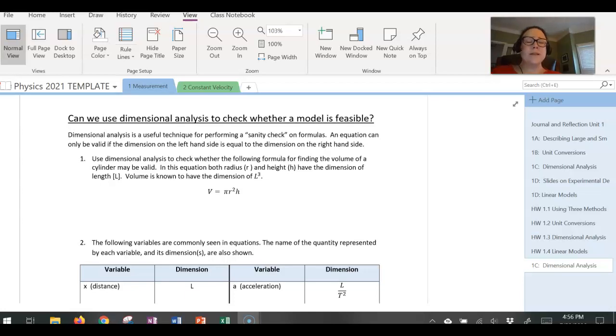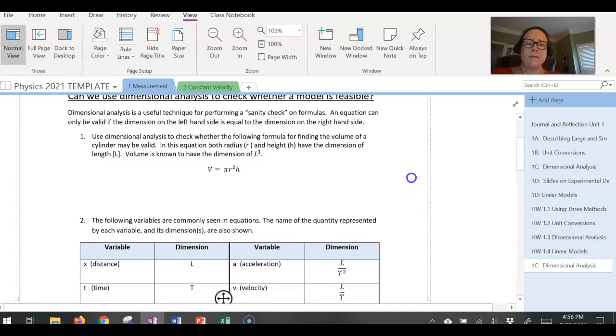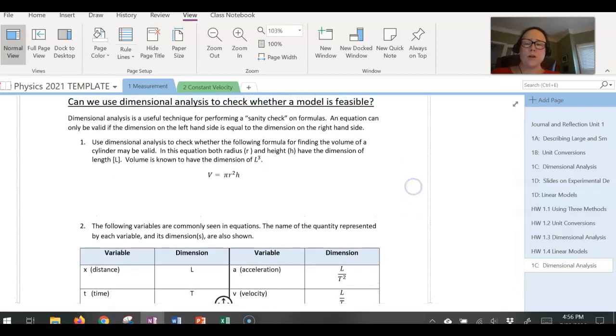This webcast looks at Worksheet 1C, where we're doing some practice with dimensional analysis. Let's look at the first question, where we've got a formula for finding the volume of a cylinder, and we want to confirm that this is a valid equation.